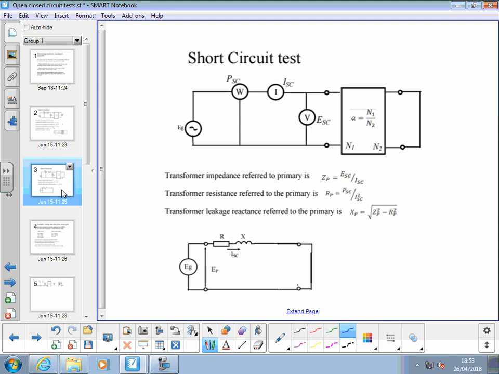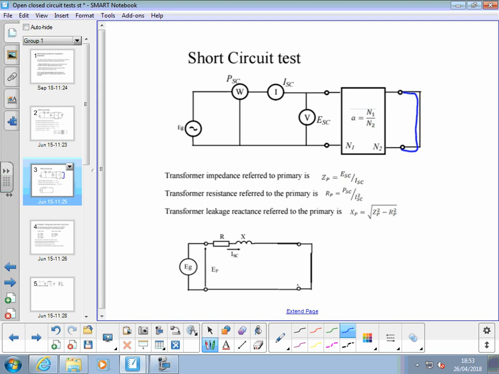The short circuit test, again we have a watt meter, an ammeter and a voltmeter in the primary side. We short circuit the secondary and use a much lower than normal voltage to take readings of watts, current and voltage. And we get the full transformer impedance referred to the primary, because what we've got connected here to this power supply is the resistance of the secondary winding and the resistance of the primary winding.